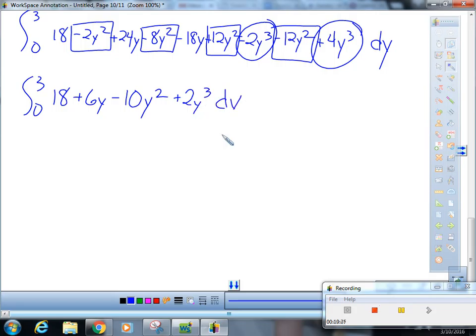Nice. All right, almost there. 18y plus 6y squared over 2 minus y to the fourth over 2, right? as y goes from 0 to 3.